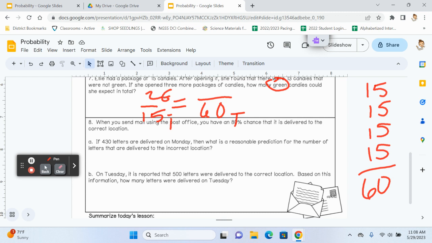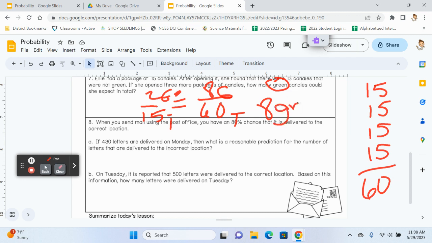That is a times 4 pattern. We like that so we don't have to do our cross multiplying, which means I multiply the top times 4. 2 times 4 is 8. And since this was green, that means this is green. I'm really sorry about my writing. I'm doing my best. So 8 green candies is what she can expect.